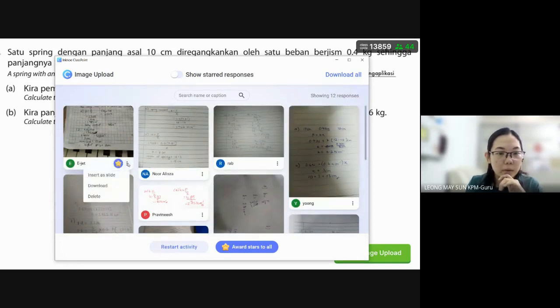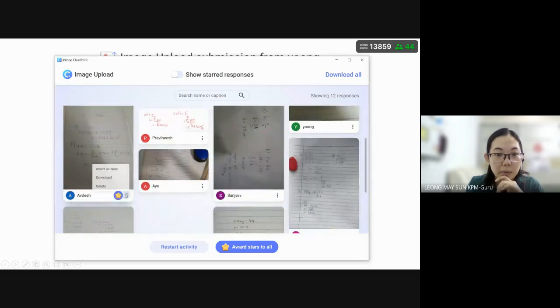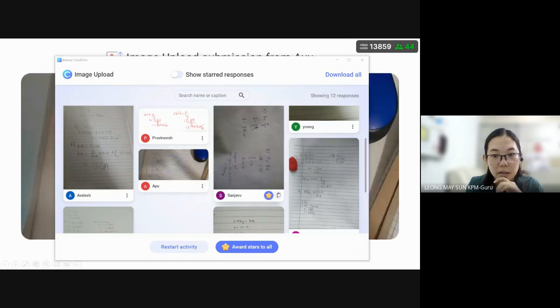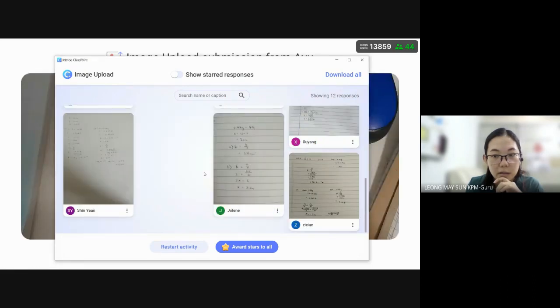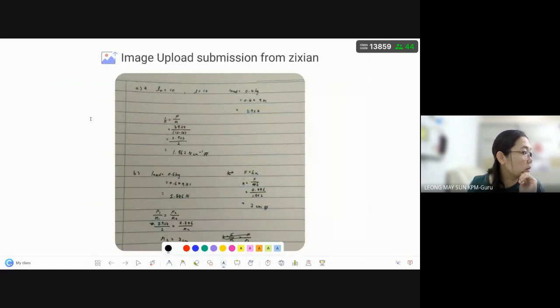Okay, so I'm going to randomly pick and insert out of these three. Okay, good.